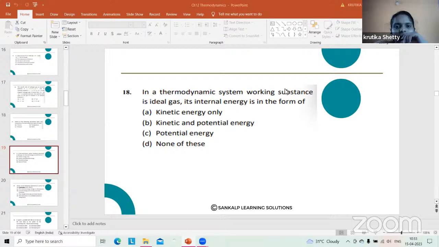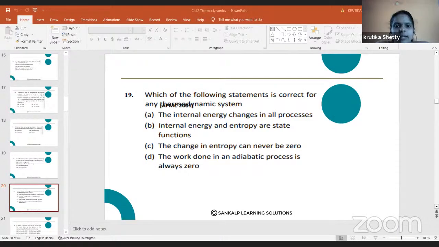Next question. Which of the following statements is correct for any thermodynamic system?